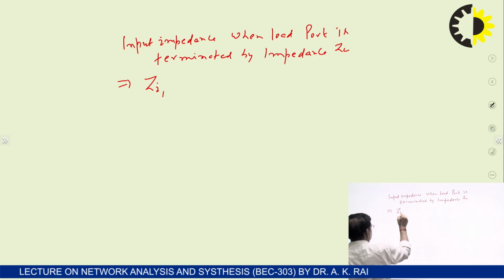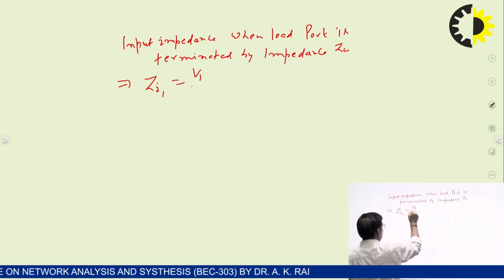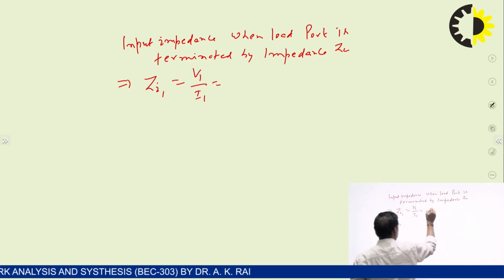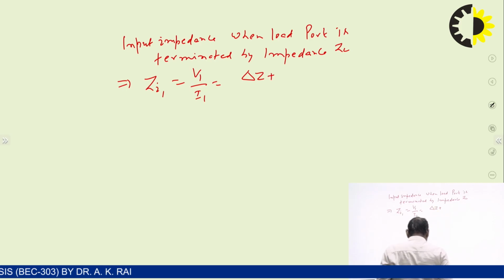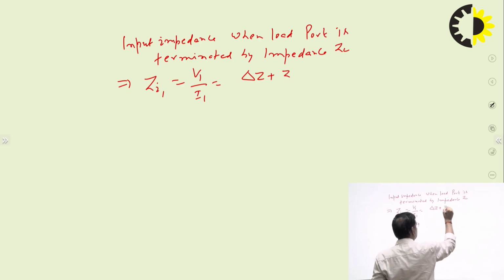Zi1, which is V1 upon I1, is delta Z plus Z11 ZL upon Z22 plus ZL.